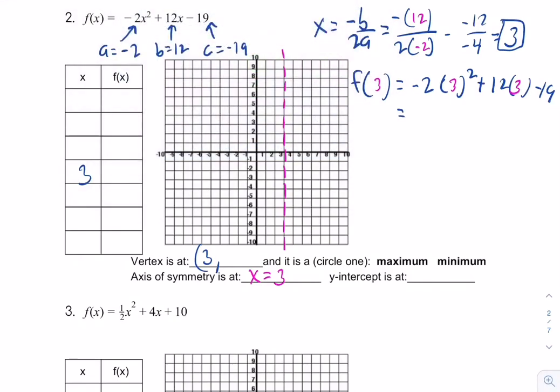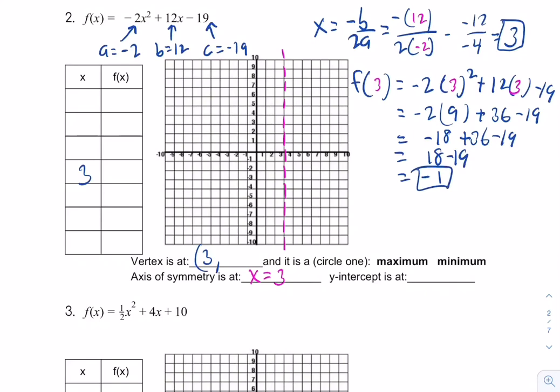So we get -2 times 3 squared is 9, plus 12 times 3, 36, minus 19. So we have negative 18 when you multiply, plus 36 minus 19. It's going to be 18 minus 19, which is negative 1. So 3, negative 1 is our vertex.